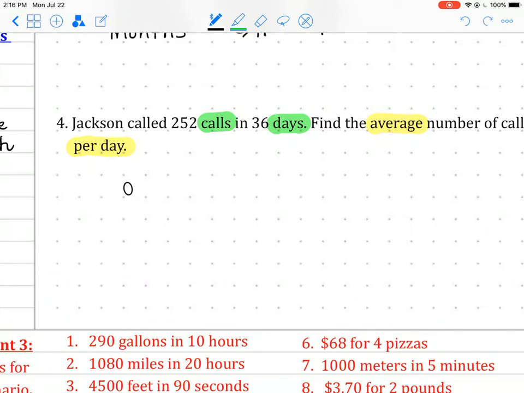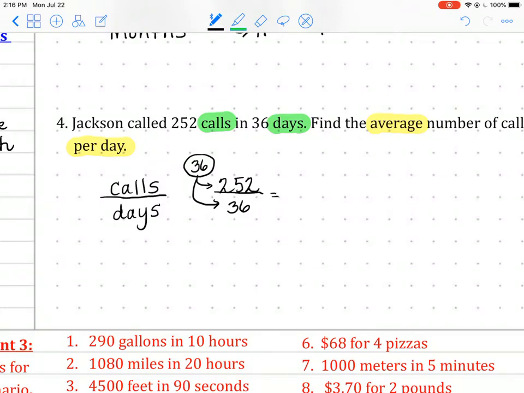So calls over days, 252 calls in 36 days. So let's divide by 36 and see what we get for one day. I believe it's 7, but I'm not positive. So 252 divided by 36 is 7.